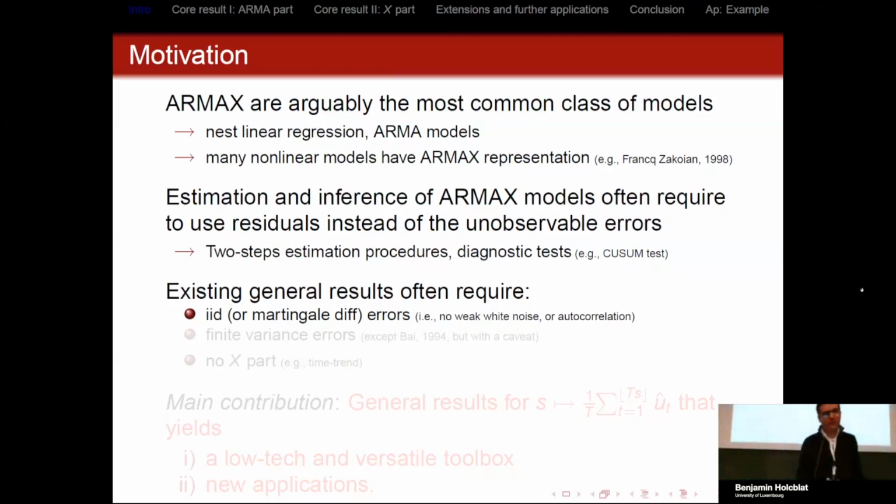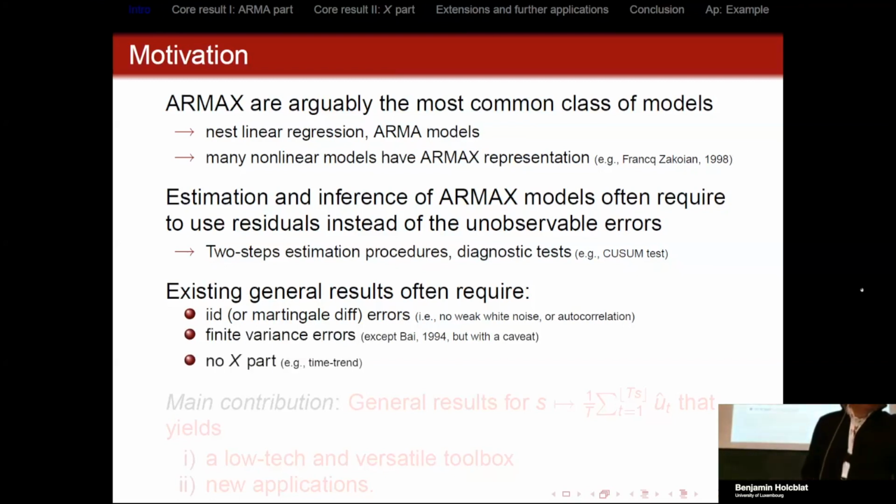So as soon as you try to relax the assumptions on the errors a bit, you don't have so many results. Also, except for a paper by Bai, you often assume finite variance errors. And on top of that, all the results I'm aware of don't allow for covariates, like for example a time trend and so on. And here we can deal with all of that.